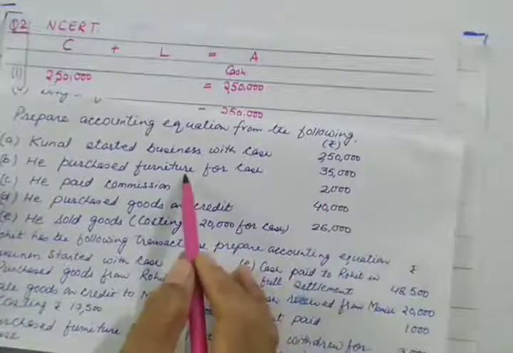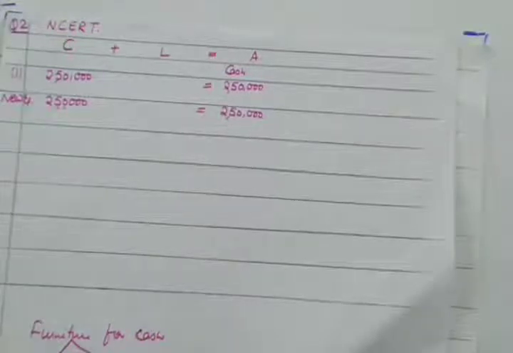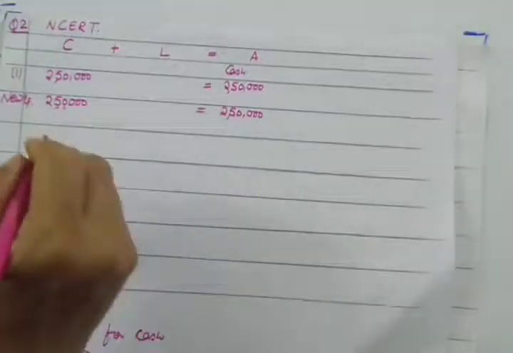Then what is to be done here? When he is buying furniture for cash, it means cash will reduce and furniture will increase, and both are your assets, so both are your properties.